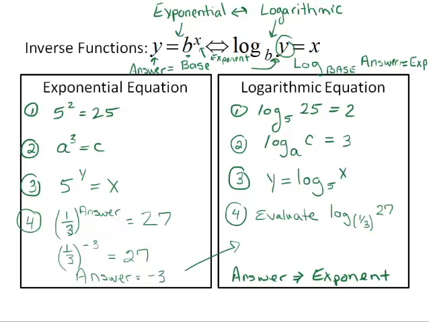So my exponent is negative 3, so that means my answer to the log base 1/3 of 27 is going to equal negative 3. So every time, you want to convert it back to thinking in your mind, what would be the exponential equation? And therefore, what would my exponent be in that equation? That will be your answer to the log.